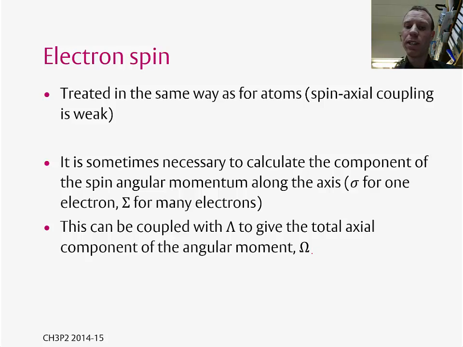This is a capital omega, equal to the magnitude of lambda plus sigma. So for molecules, omega is the equivalent of J, capital J, for atoms. I'm not going to say too much about omega values in this course. Let's not worry about that too much. Now we've got all these components, we can actually write a term symbol for molecules.